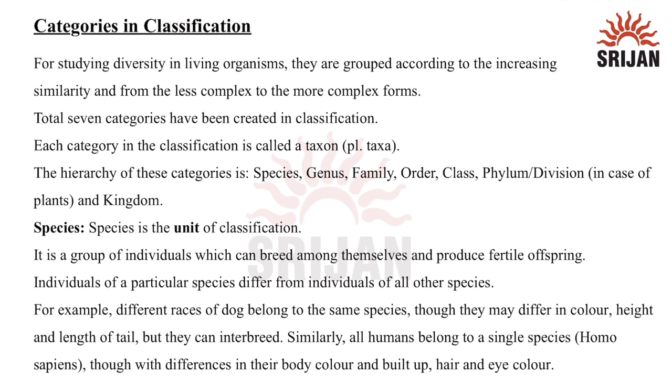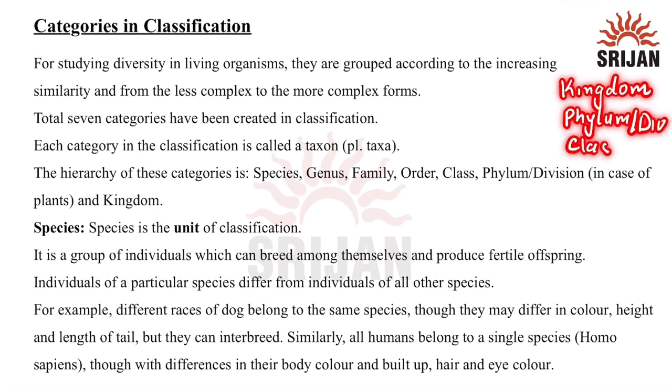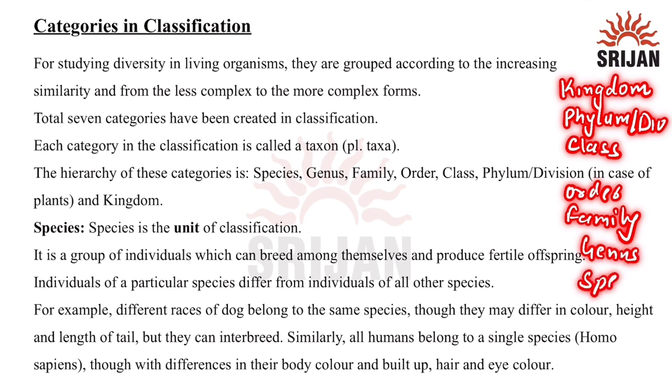Now we have categorized the classification in 7 specific categories, which are kingdom, phylum, or I can say division for plants, then class, then order, then family, then genus, and then lastly species.